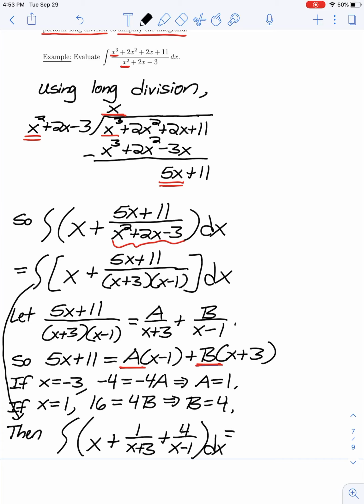And so our antiderivative is 1/2 x squared plus the natural log of the absolute value of x + 3 plus 4 times the natural log of the absolute value of x - 1 plus C.